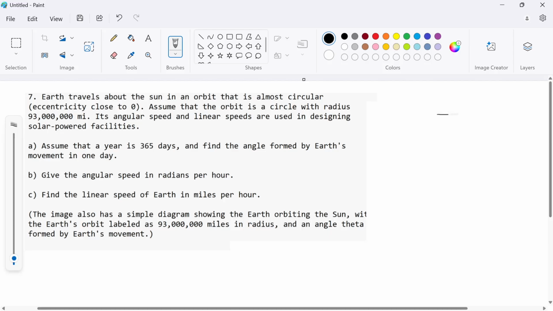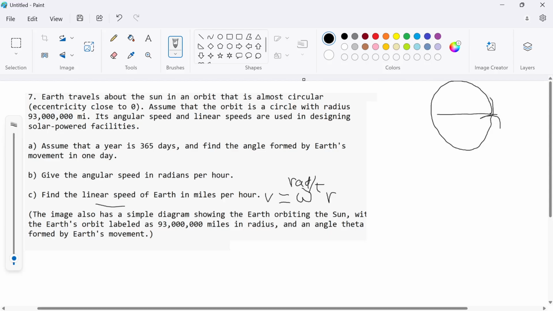So let's think about this. The Earth moves a total. I'm going to do everything in radians because to get the linear speed, remember, linear speed equals the angular speed in radians per unit time times the radius. So I need radians.